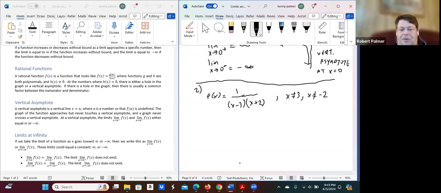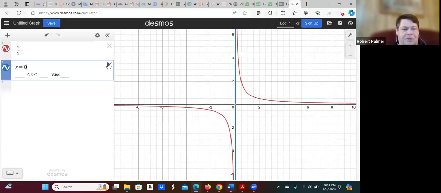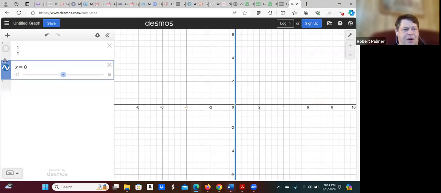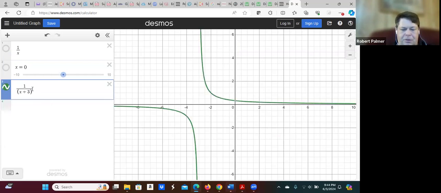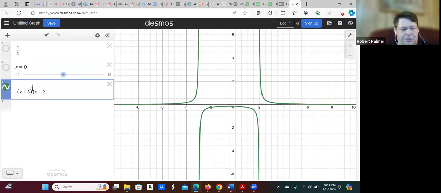As we'll see, you might expect we actually have vertical asymptotes at those points. Let me turn these off right now; I might come back to them later. Let's do 1 divided by parentheses x plus 3 and x minus 2. That's a somewhat interesting graph.